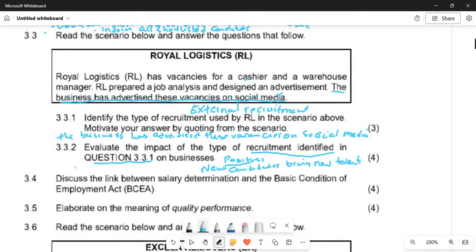But what about the negative? The drawback of it, that is where we are saying the possibility that the selection is not effective and the wrong candidate is chosen.